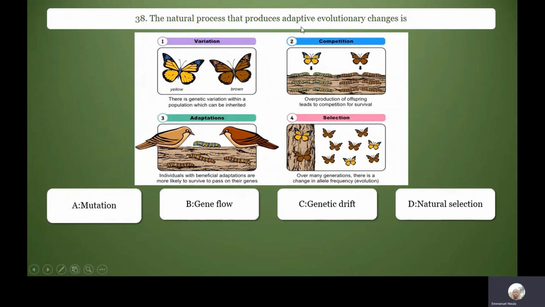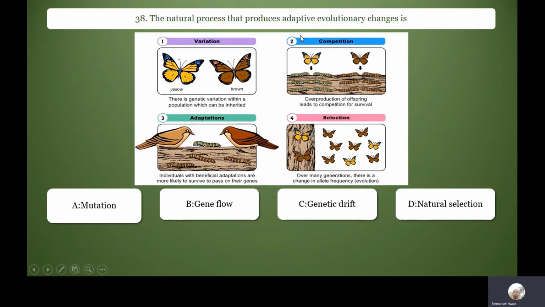The natural process that produces adaptive evolutionary changes is, the correct option here is D, natural selection. Of course, according to Charles Darwin, who proposed this theory of natural selection, the better adapted organisms survive and transfer that good quality, that advantageous trait, to their offspring.